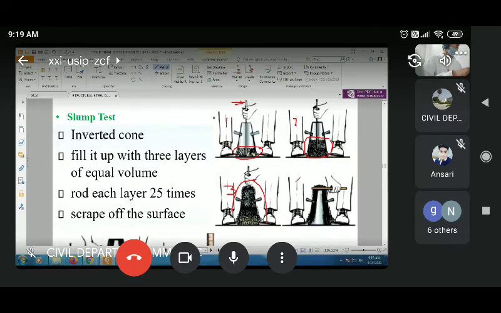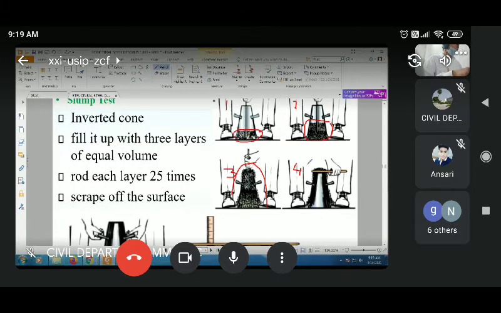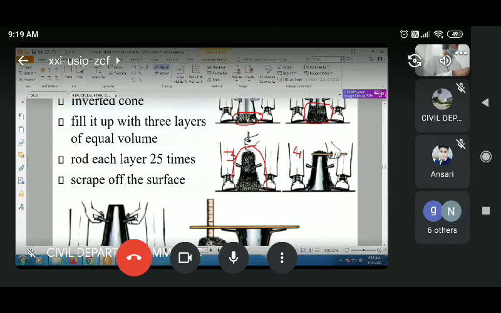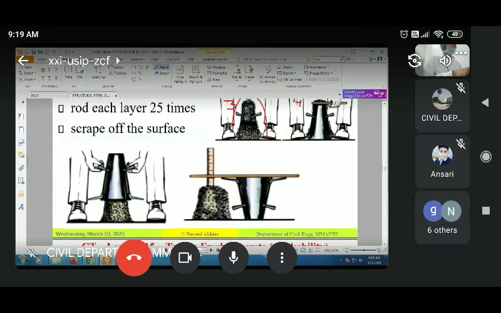And then step number 4, you strike out the excess concrete over the surface, and then we will clean. Then we will lift the cone vertically, in step 5, and then slump will occur.